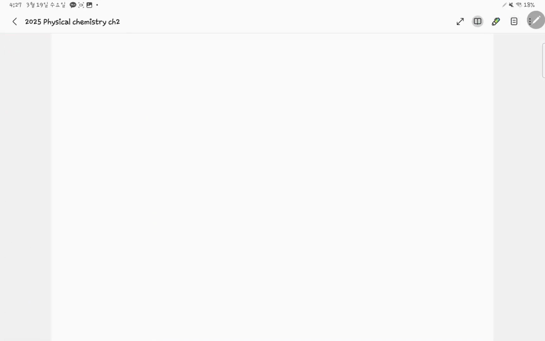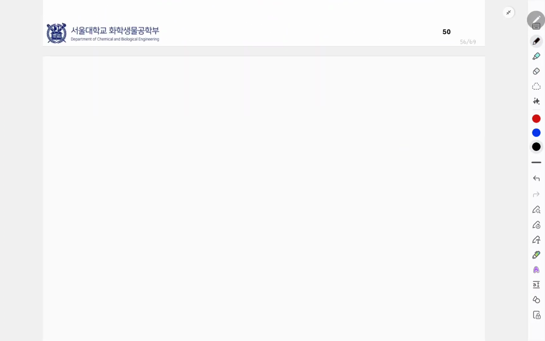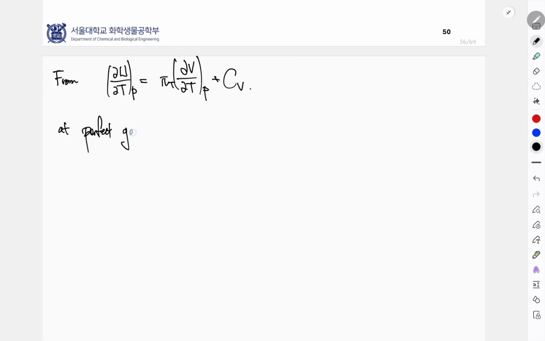This is for a perfect gas only, but as you remember, the CV was actually defined at constant volume. So you can express the heat capacity in a different way for a perfect gas. With this equation, there is an easy way to derive the relation between the heat capacity at constant pressure and the heat capacity at constant volume for a perfect gas.